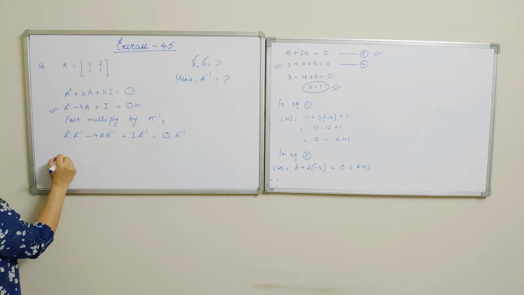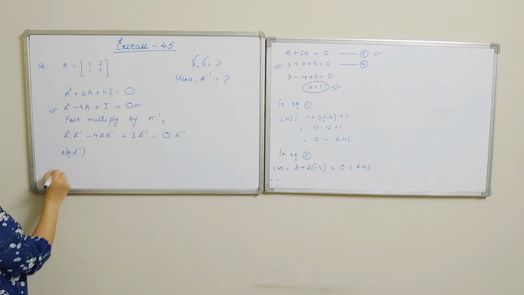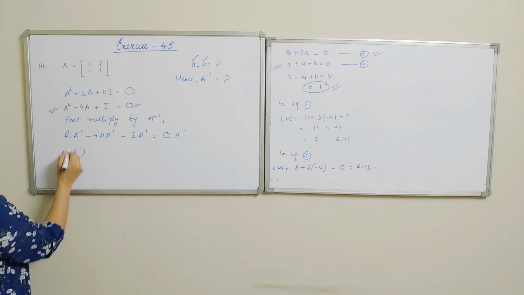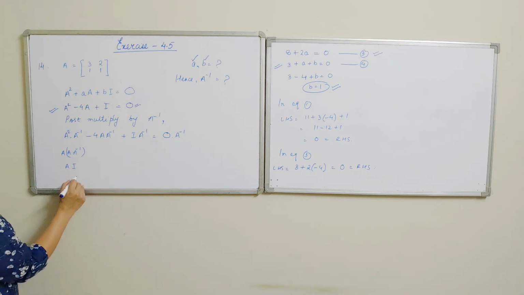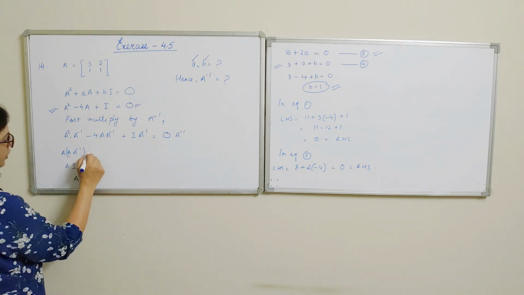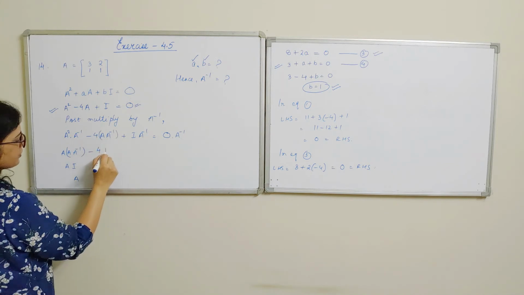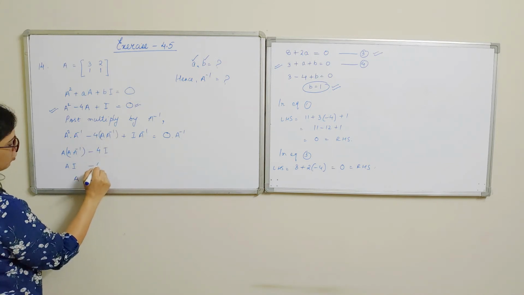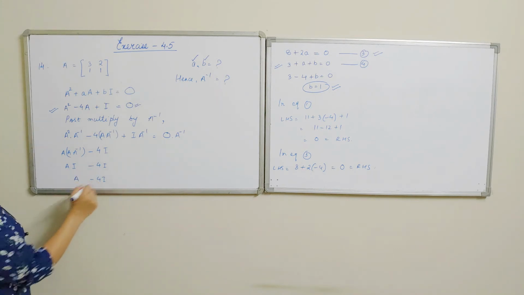Because matrix multiplication is associative, we can write down this. I'm simply simplifying this term. A matrix multiplied by its inverse is identity matrix, and identity matrix multiplied by any matrix is A. So the first term simplifies to A. Here also, a matrix multiplied by its inverse is identity matrix. So just copying down the second term, it is this.